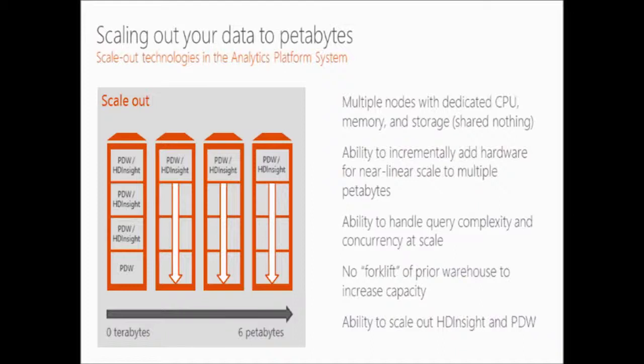All you do is add additional hardware to your system. In a scale-up solution, all the queries share the same CPU, same memory, and same storage I/O path. In a scale-out solution, everything is dedicated. All the servers are dedicated to a storage, and all the queries running on individual nodes use a dedicated CPU, memory, and disk I/O path.